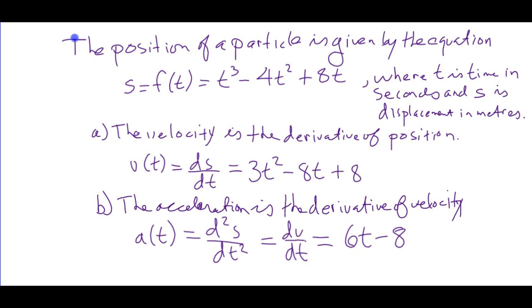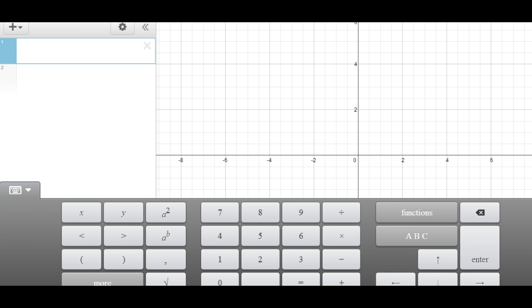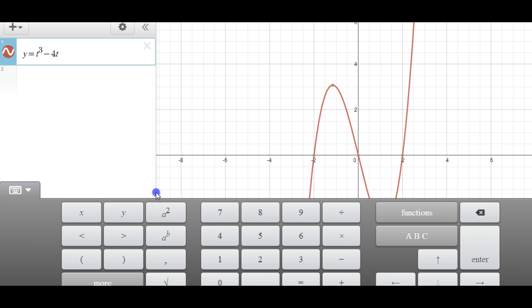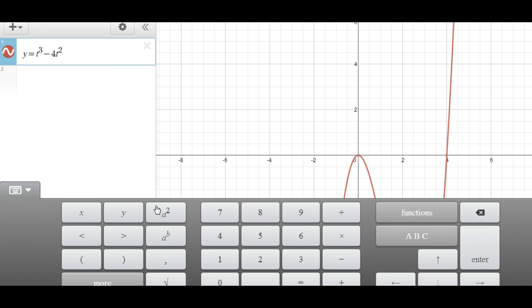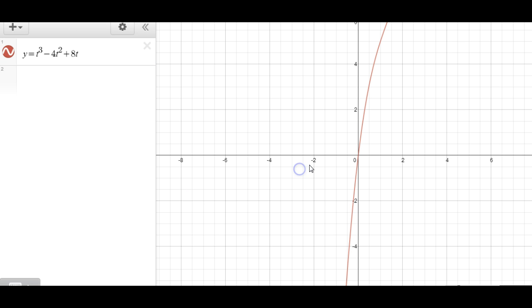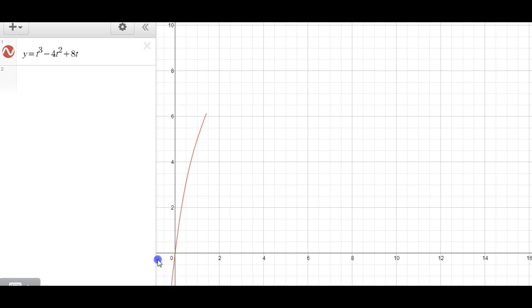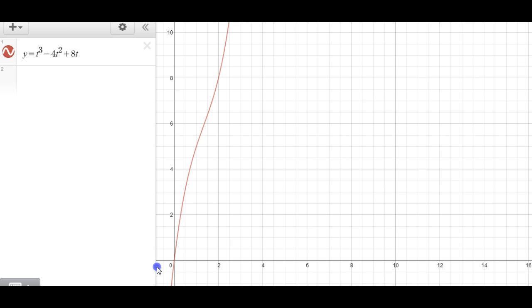So maybe I should graph these. Let's graph these. So y equals t cubed minus 4t squared plus 8t, right? And let's take a look at that, and let's move this over.